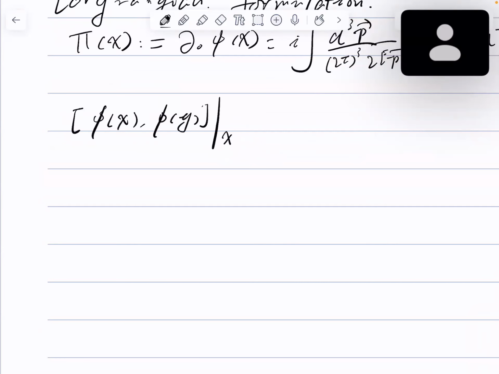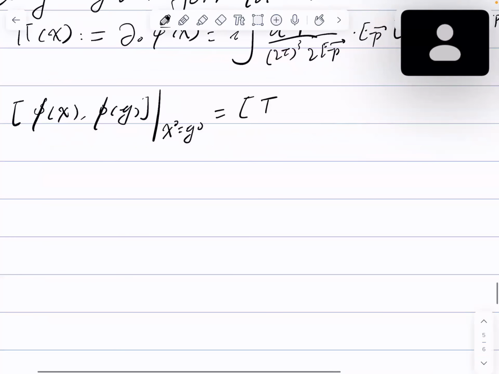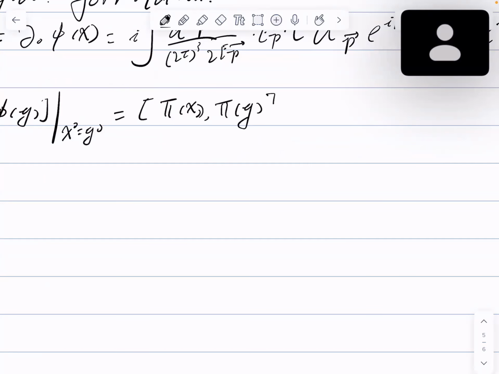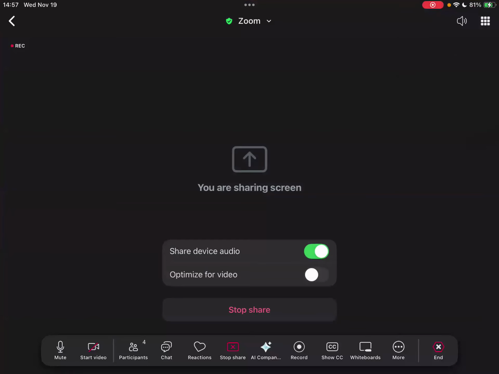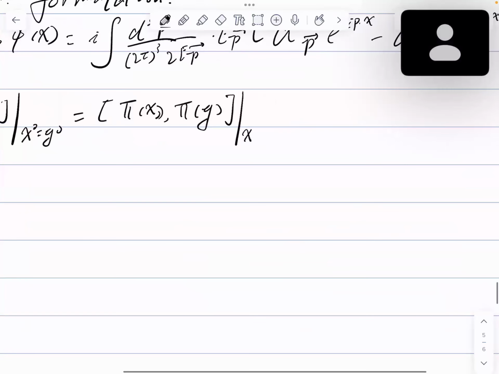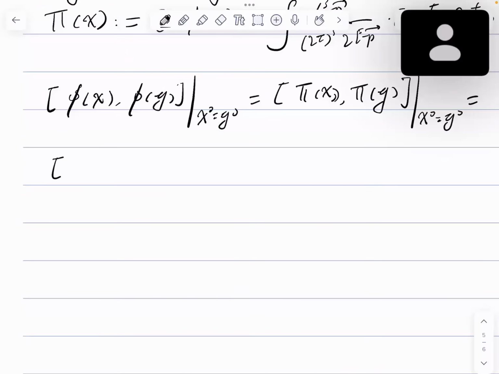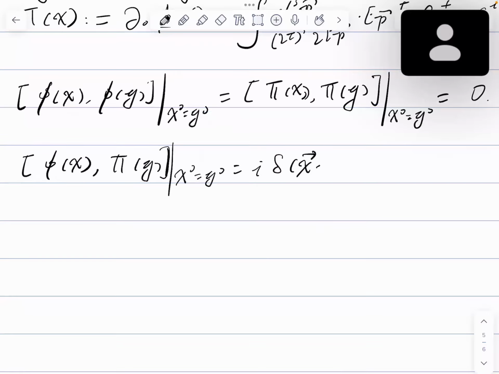At the same time, the commutator of φ(x) and φ(y) equals 0, and the commutator of π(x) and π(y) equals 0, and the commutator between φ(x) and π(y) is just iδ³(x minus y).